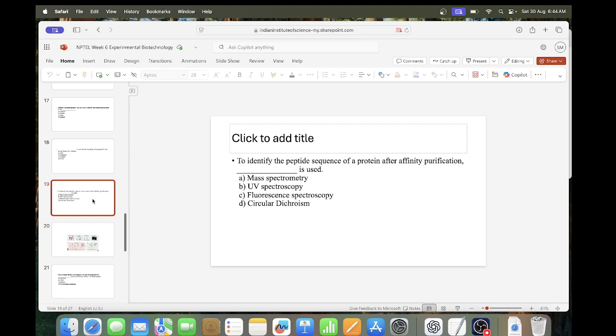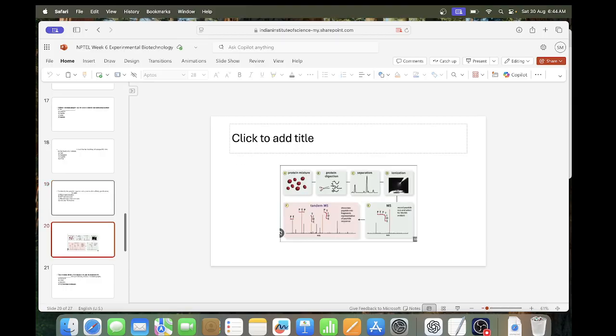Fluorescence spectroscopy is a different method where we excite our molecule of interest at a particular wavelength and see for emission. Again, people use this for quantitative purposes, but none of these will help us tell the peptide sequence. So the only method that we can use is mass spectrometry.